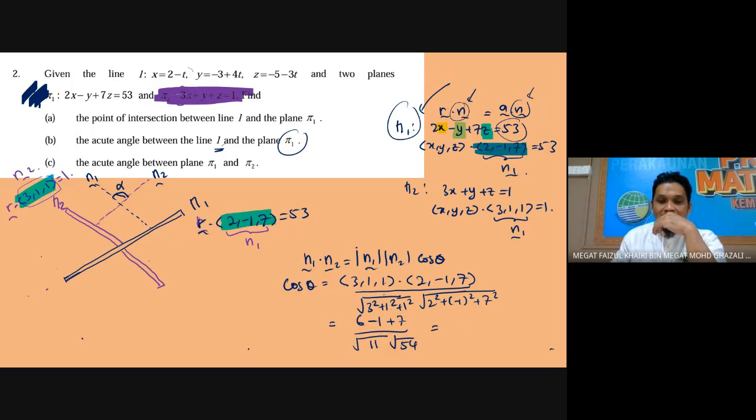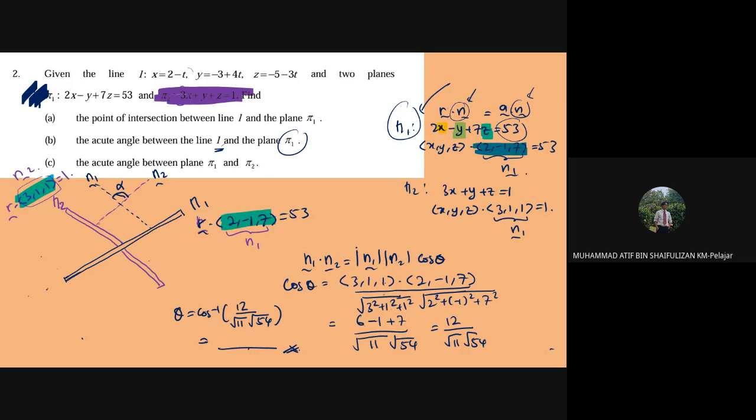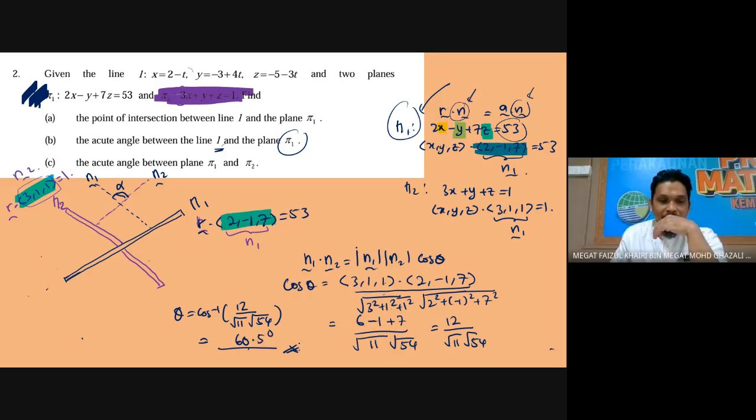So 6 plus 7 is 13, minus 1 is 12, divided by square root of 11 times square root of 54. So then theta equals arc cos of 12 divided by square root of 11 times square root of 54, which equals 60.5 degrees. There you go.